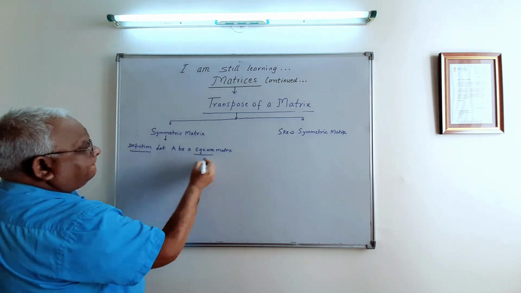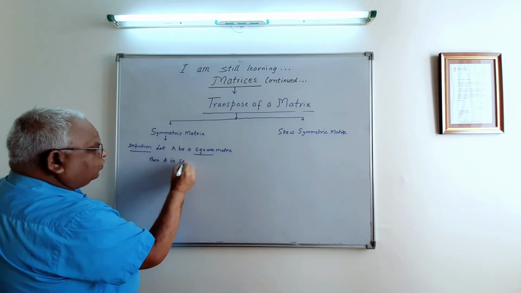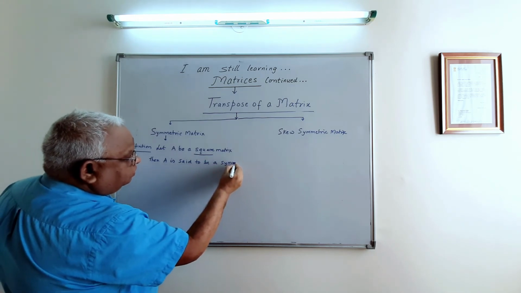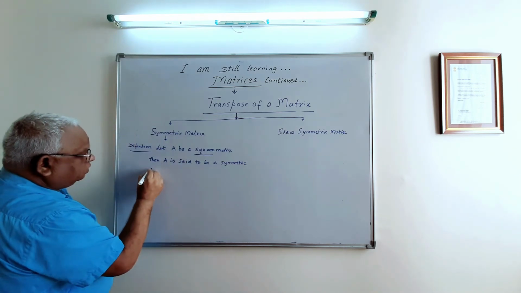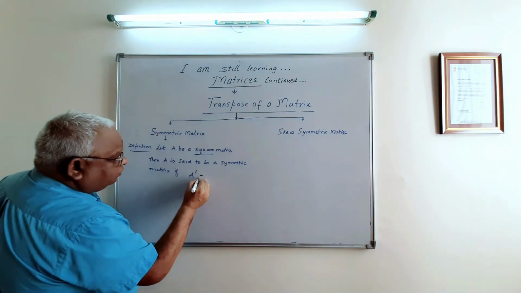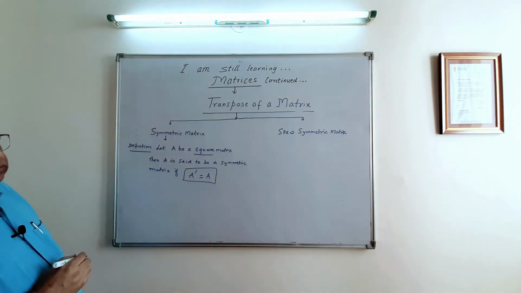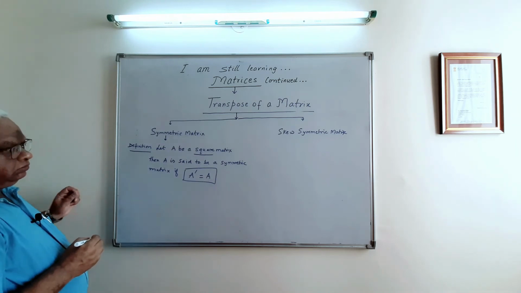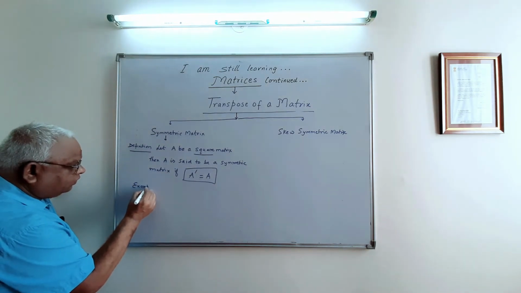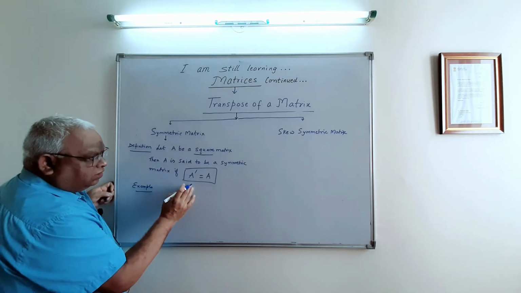Then A is said to be a symmetric matrix if A transpose is equal to A. You can also form one yourself.